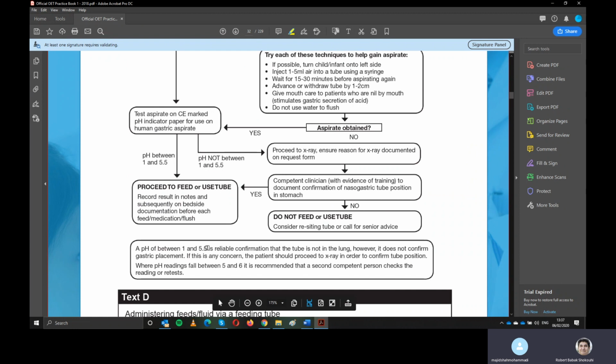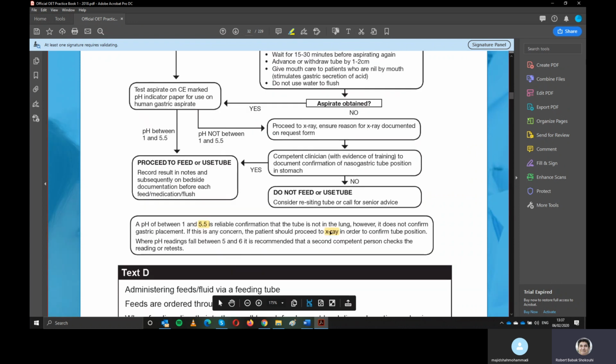If it is above 5.5, it says that it is not in the lung, but it doesn't confirm that it's gastric placement. If there is any concern, you should proceed to X-ray. Between 5 and 6, a second competent person checks the reading or retests.